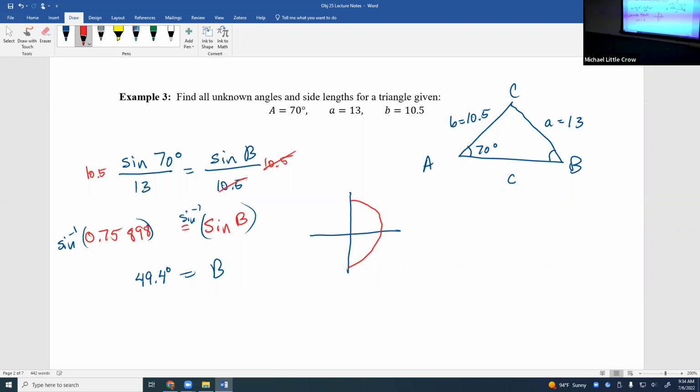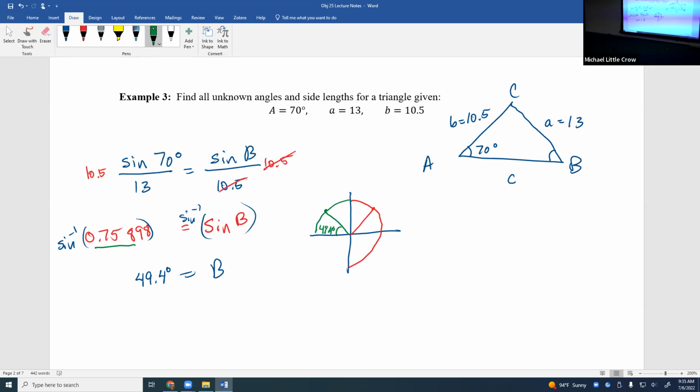And so we've got this angle, 49.4 degrees, gives us this, but there's another angle that would have that same sine value, right? Where's that going to be? That would be in the second quadrant. There's also a similar angle where this is 49.4 degrees, and it will have the same value of sine, 0.75, and so forth, right?